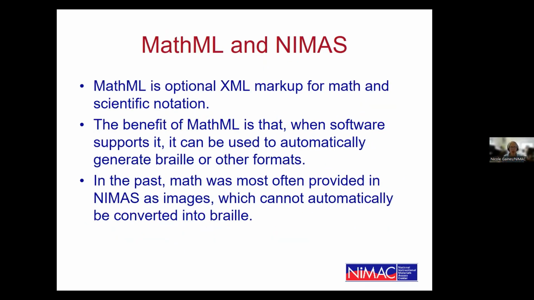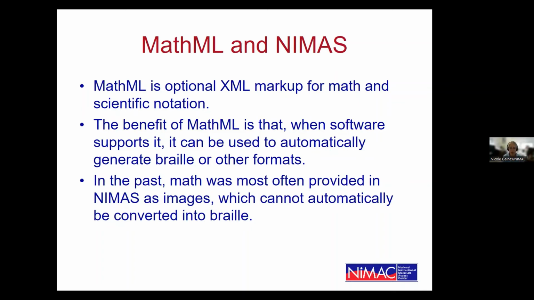The other thing that I wanted to talk really briefly about is just MathML and NIMAS. MathML is optional markup for math and scientific notation that can be provided in the XML for NIMAS files. The big benefit of MathML is that if you have software that supports it, it can be used to automatically generate Braille or other accessible formats.